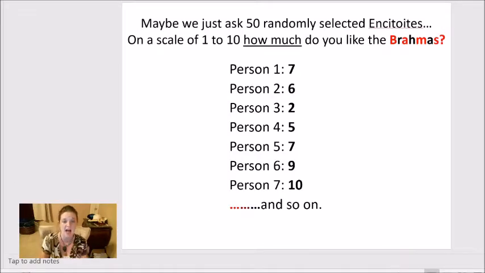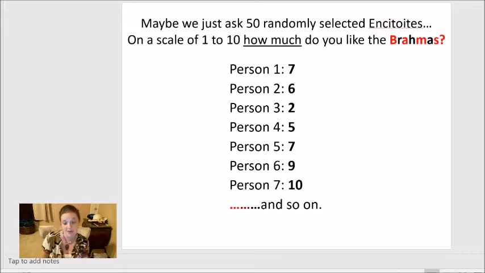And here is how I might operationalize that variable. I may decide to ask 50 people living in Encino, because I'm trying to open up my new sporting goods store in Encino. That would be my sample, meant to represent my entire population living in Encino. I might ask them on a scale of 1 to 10, how much do they like the Pierce College Brahmas?